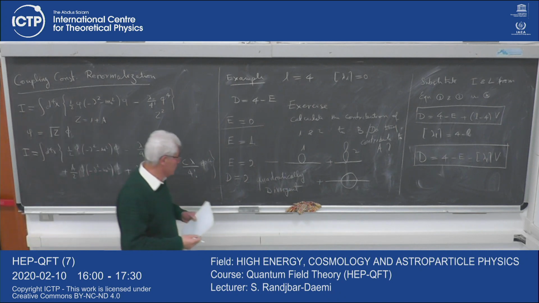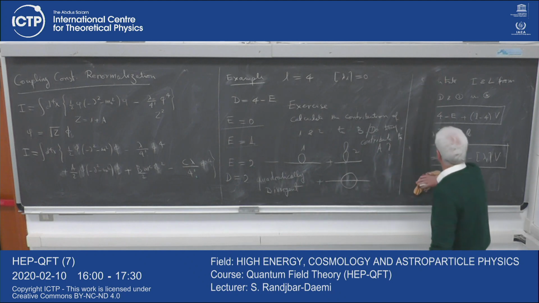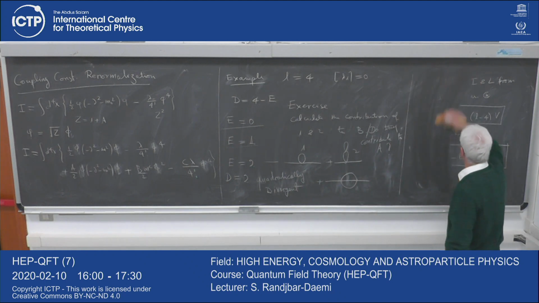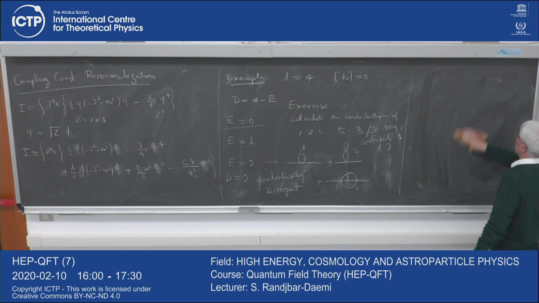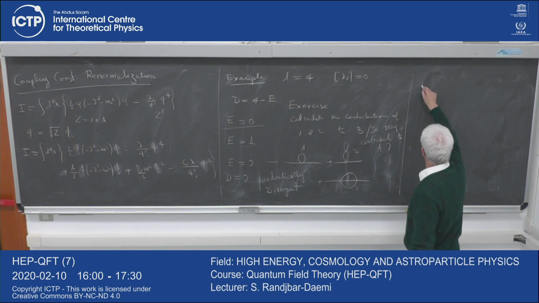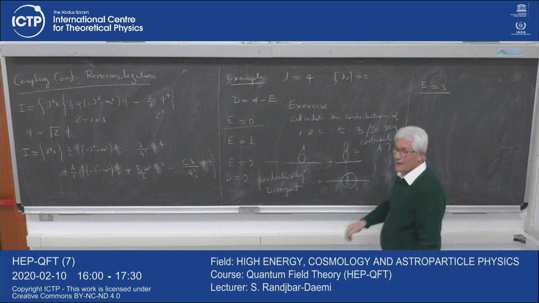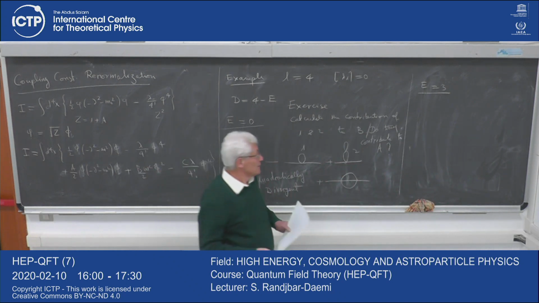So the next value of E is 3. E equals 3, what happens here? 0. Again, it's 0 because it is the odd number of external lines.